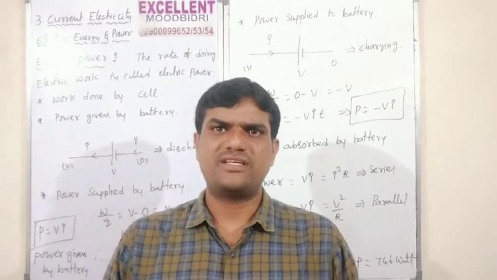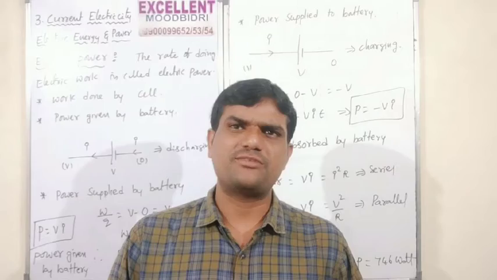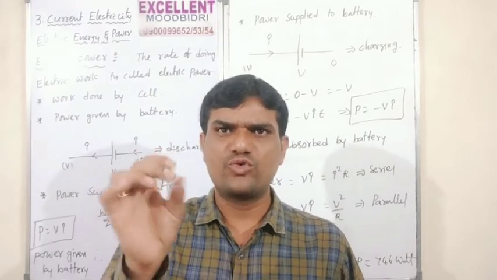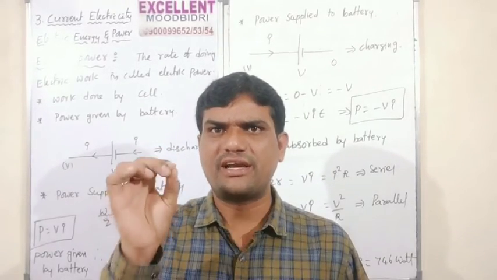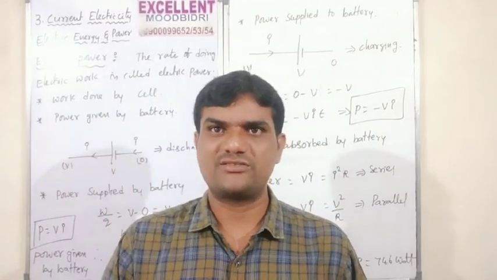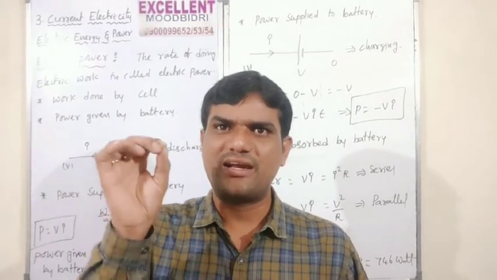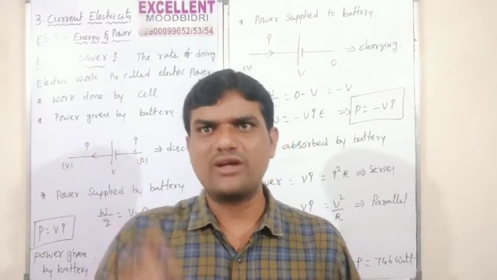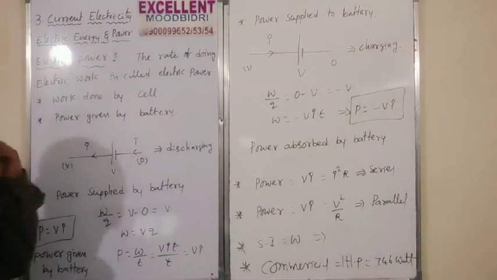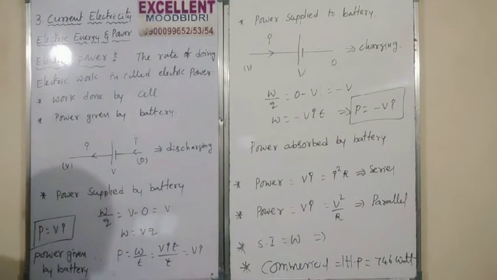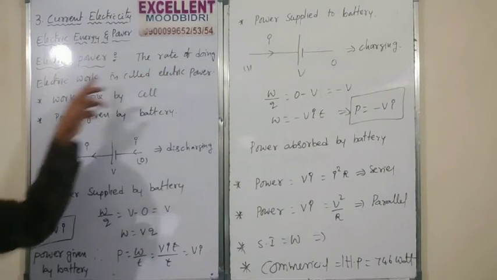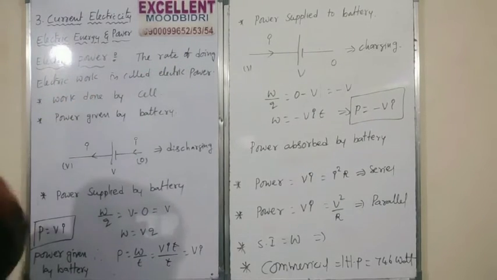Now electric power is nothing but the rate of doing electric work. The rate of doing work by an electric cell, or else the rate of doing electric work, is called electric power.